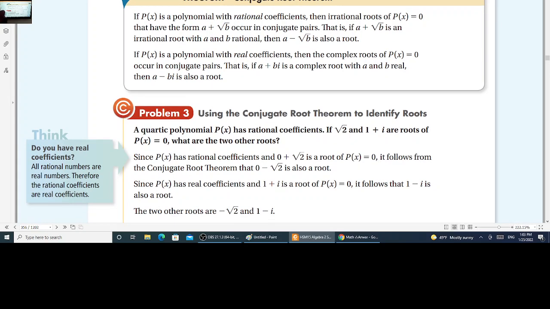Same story for complex numbers. If p of x is a polynomial with real coefficients, then the complex roots occur in conjugate pairs. That is, if a plus bi is a complex root with a and b real, then a minus bi is also a root.